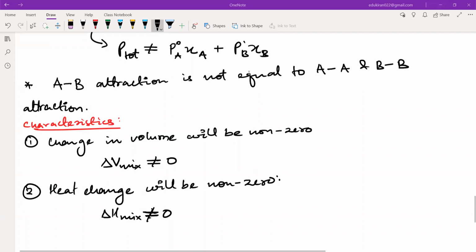It will be non-zero. Non-zero means positive, negative, anything can be, just not zero. When we look at the types of non-ideal solution, then we will explain more.